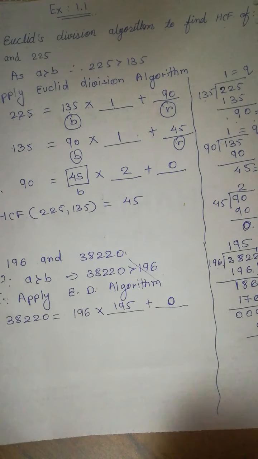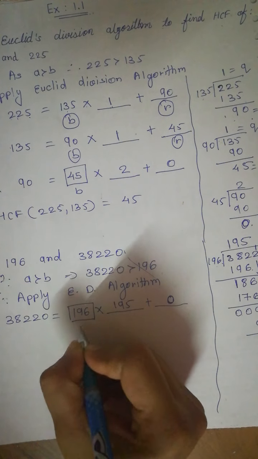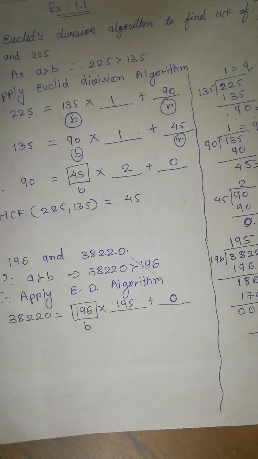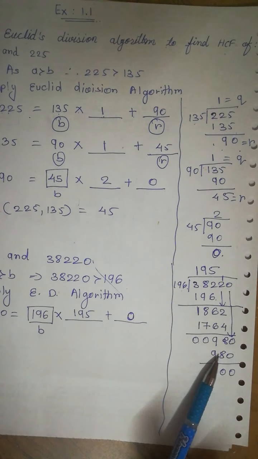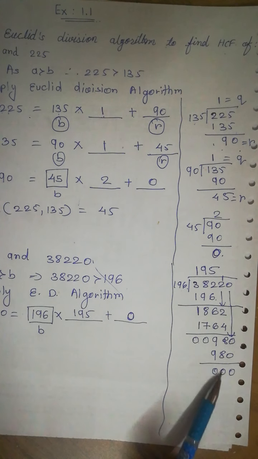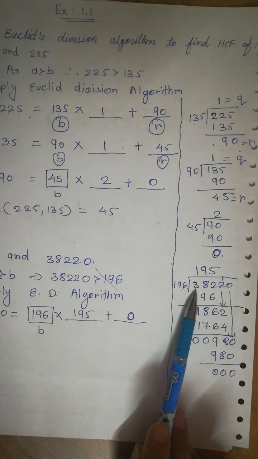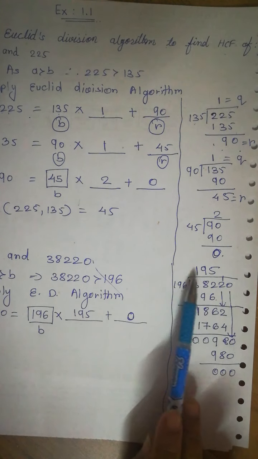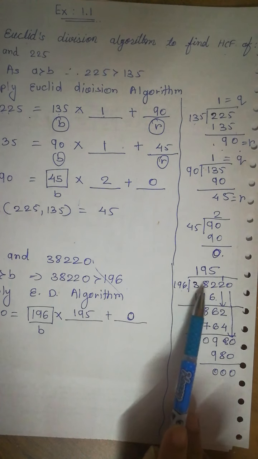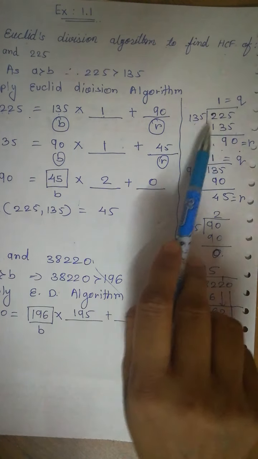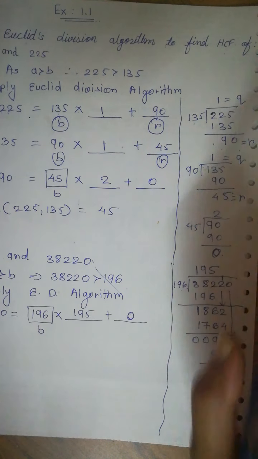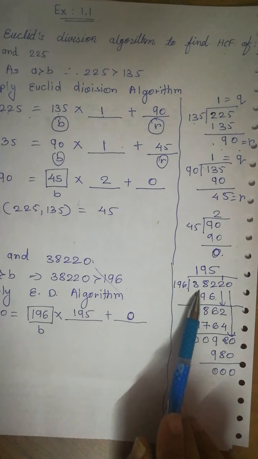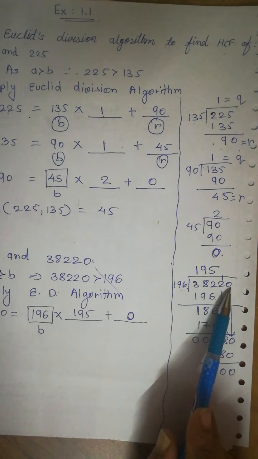So at this stage the b is our HCF as per the Euclid division algorithm. If you see the difference here, why do we divide further and further? Because we are not dividing all the numbers at once. We divide the first 3 digits only, and here we divide all 3 digits in the very first stage. In this number we have 5 digits.